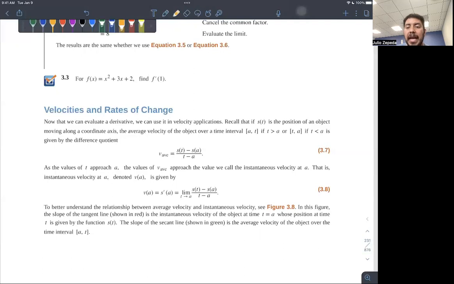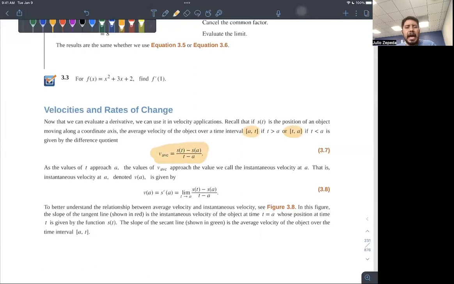Recall that if s of t is the position of an object moving along a coordinate axis, the average velocity of the object in the time interval from a to t, if t is greater than a, or from t to a, if t is less than a, is given by this formula here.